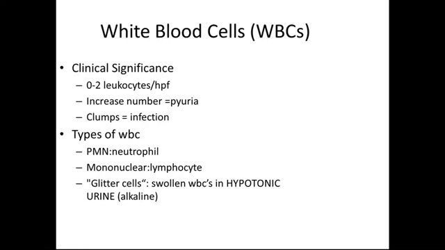And then we also have what are called glitter cells, which are swollen white blood cells. These happen in hypotonic urine, which means a low specific gravity, and also an alkaline pH.